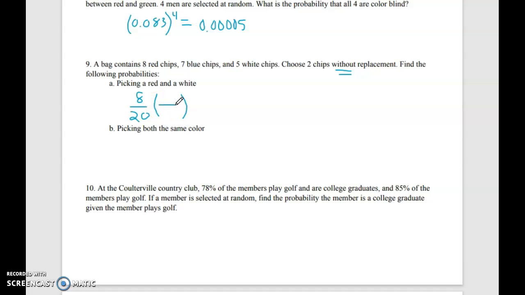Now the probability I pick a white, there's 5 white chips still in the bag, but I already picked out a red chip. So now there's only 19 total chips in the bag. So that's because these are dependent events. So when there's dependent events, you have to consider the probability is going to change. And let's see what I get. 0.105.